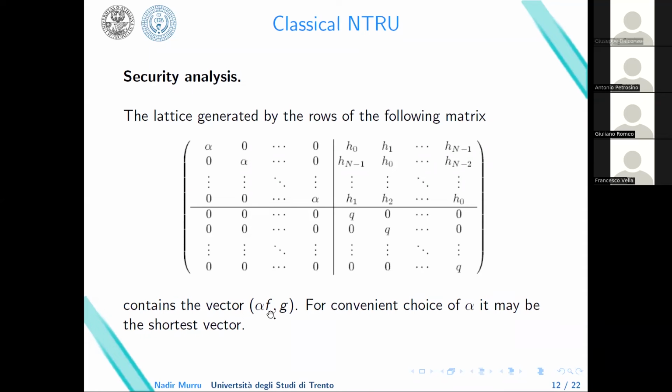And so if you choose this parameter alpha in a good way, this vector is the shortest vector of the lattice generated by the rows of this matrix. And so you can reduce the problem of attacking NTRU to a problem of finding a shortest vector in a lattice.